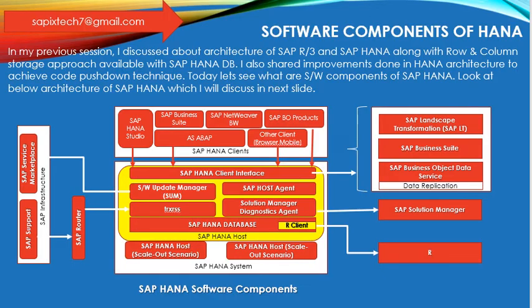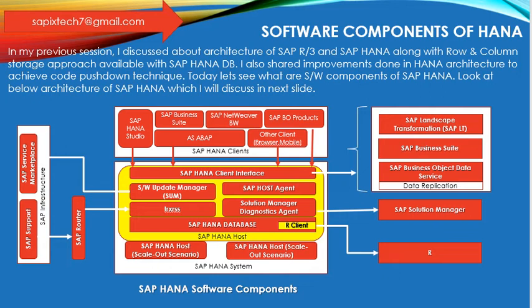Let's see what we have seen earlier. This is the picture of the software components of SAP HANA. You can see in this picture, there are SAP clients and SAP HANA systems, connected to data replication software, SAP support, and SAP service marketplace.